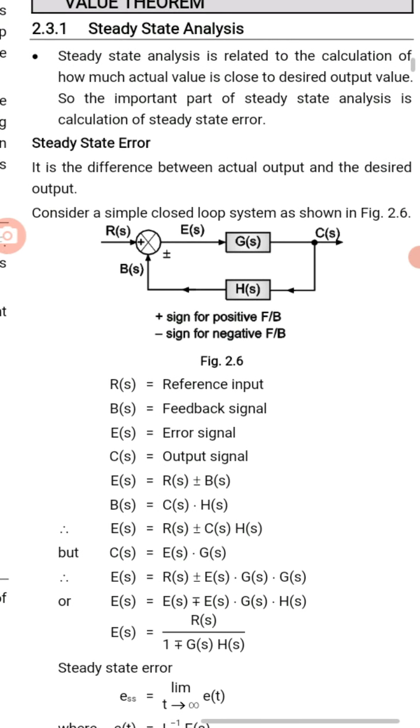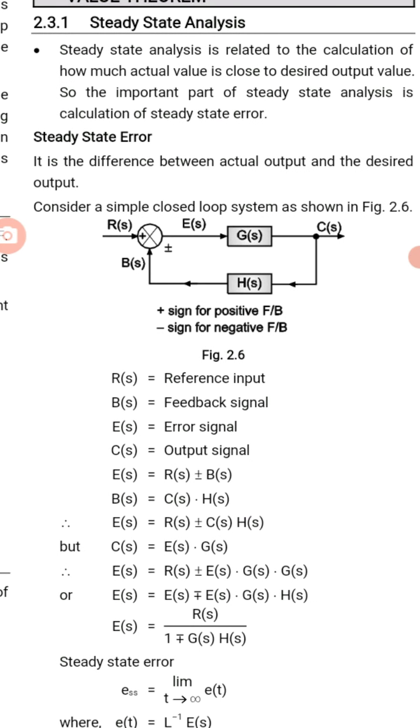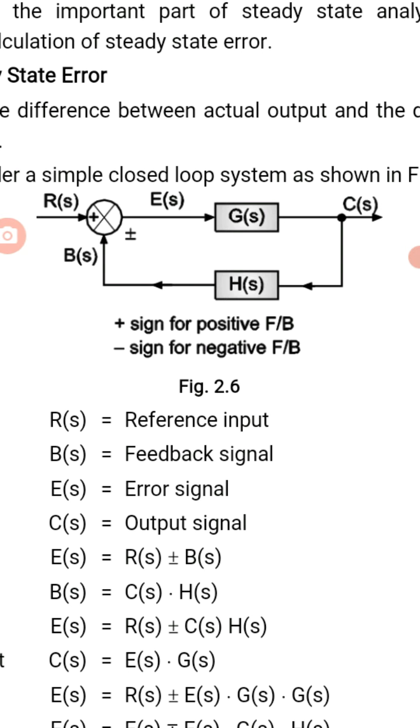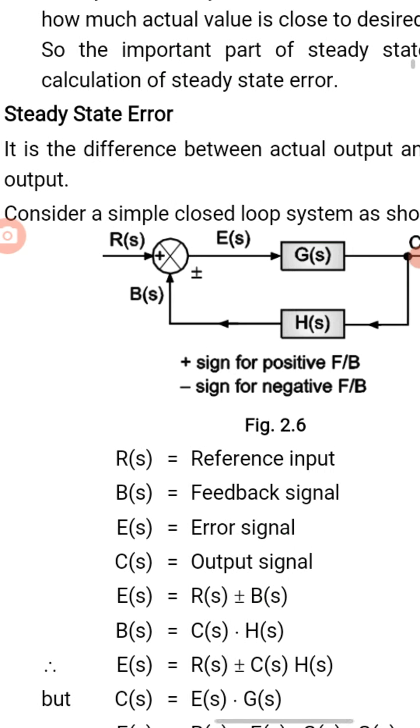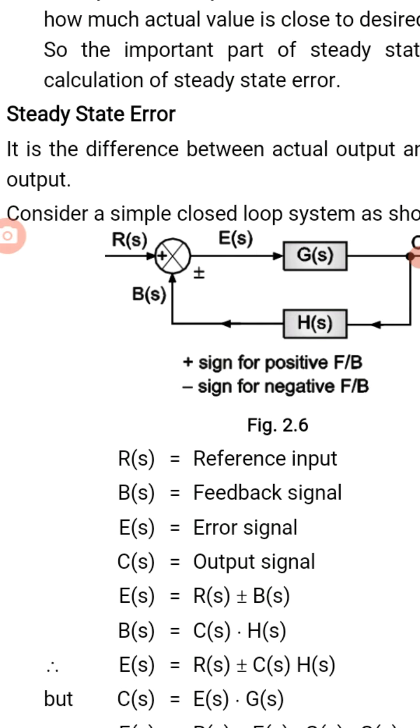Let us understand the steady state analysis of this closed loop transfer function. As we have studied, steady state error means that after settling time, suppose the input is 1 volt and the output tries to achieve 1 volt, but it will never come to 1 volt due to some error in the system.